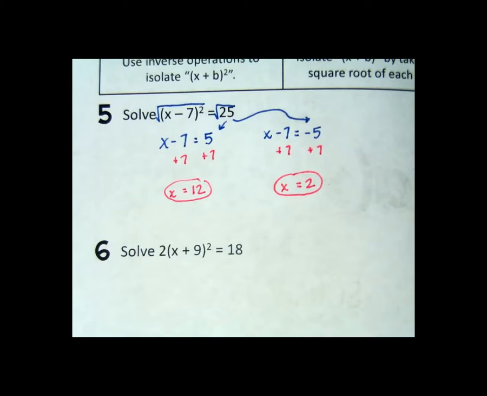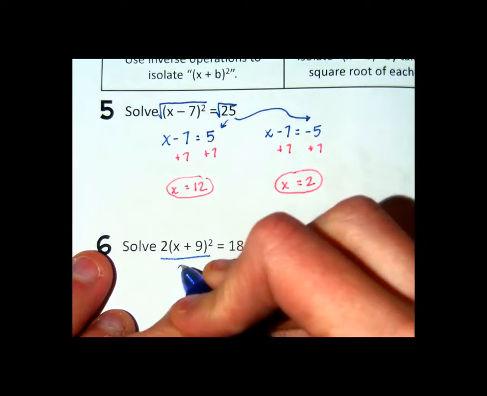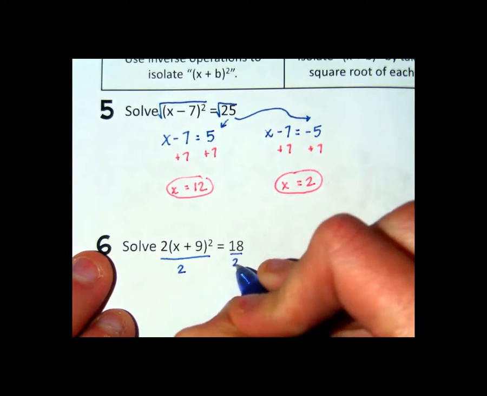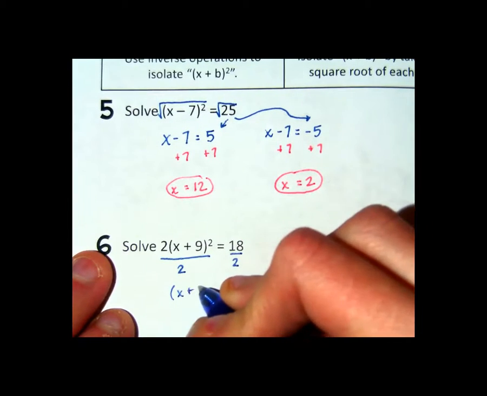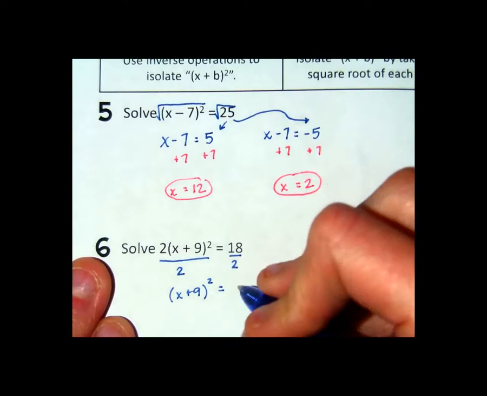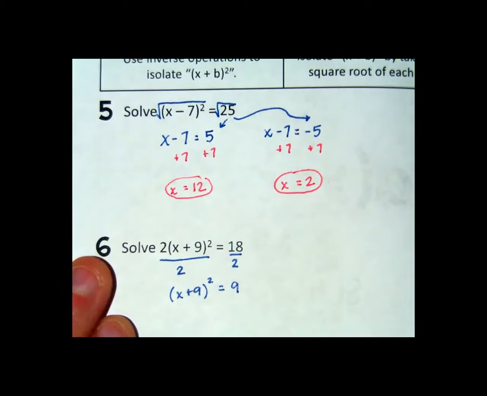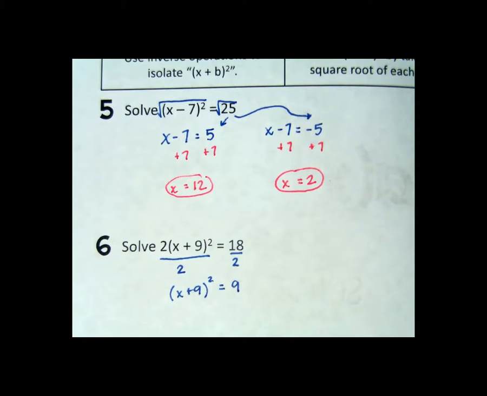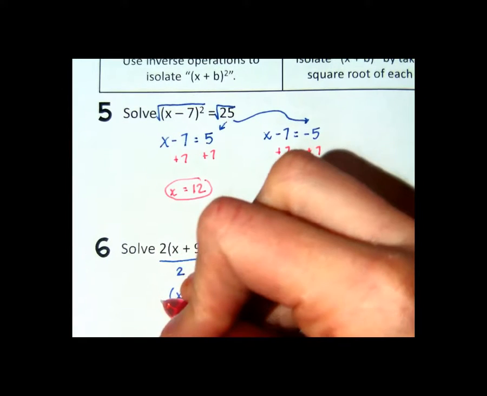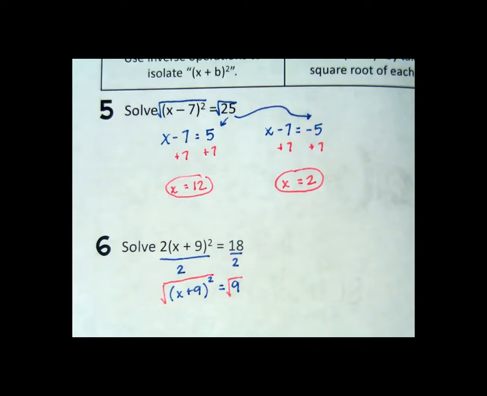Alright, number 6, what do I need to do? Divide by 2, because it's outside of parentheses there. So (x plus 9) squared equals 9. Alright, now what? Square root. I like to make up my own verb and say square root it.